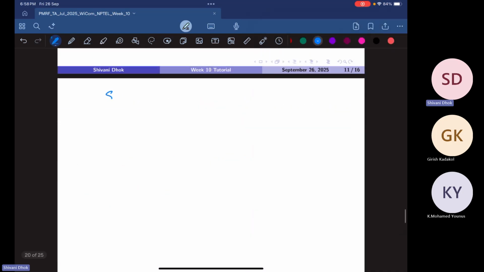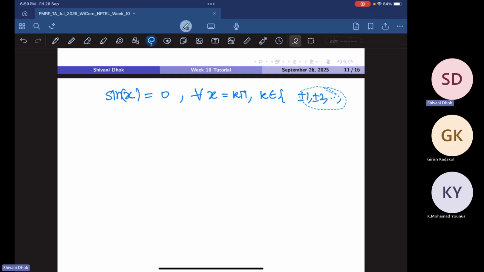Now sine of x is equal to 0 for all x which are k times pi, where k belongs to plus minus 1, plus minus 2 and so on. And yes, it includes 0 also: 0, plus minus 1, plus minus 2 and so on.